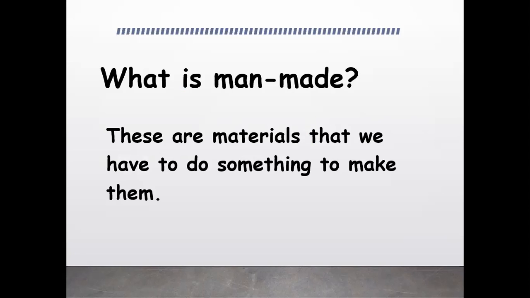And there are man-made materials, which are materials that man had to do something to make. God didn't make them. So natural materials are found in nature, and man-made materials are ones that man had to make.